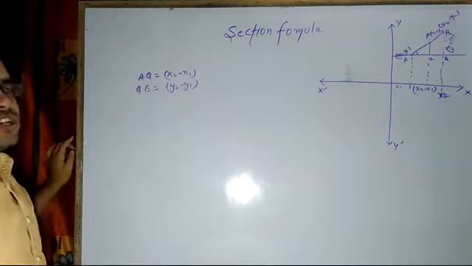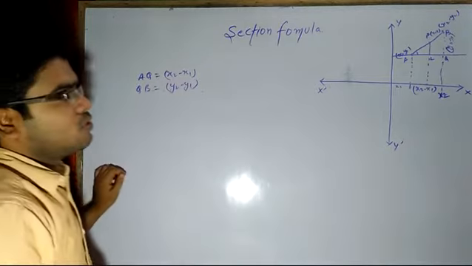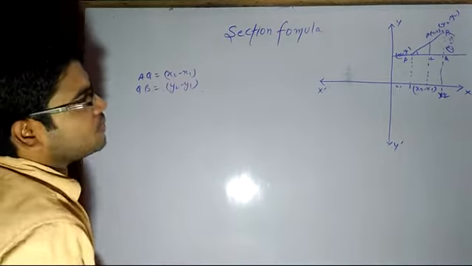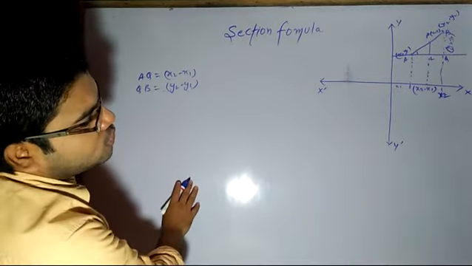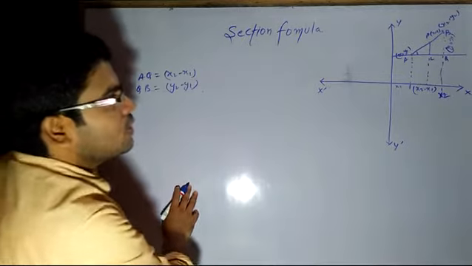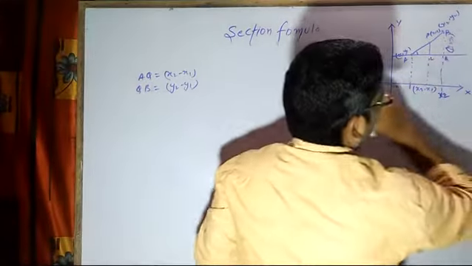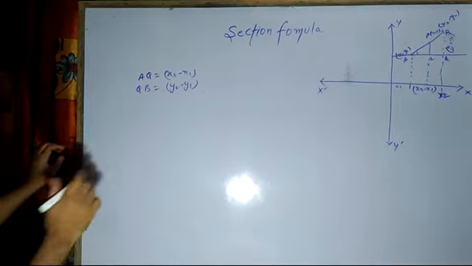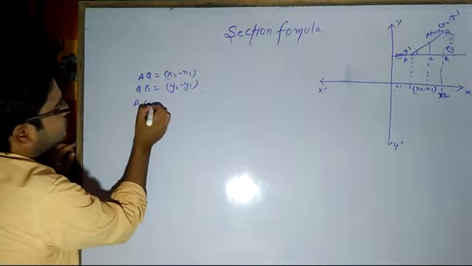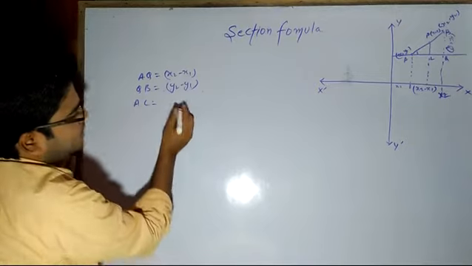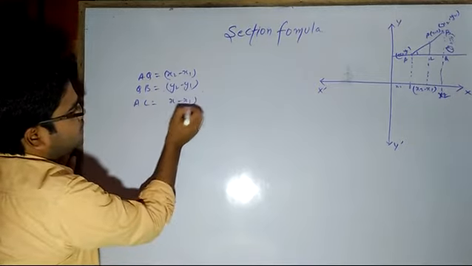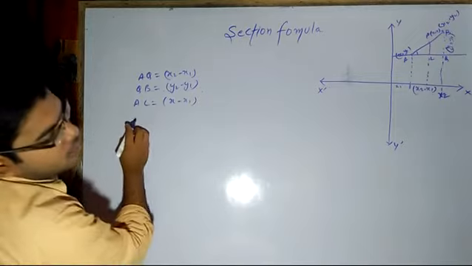We already discussed this in the previous lecture when I was teaching you the distance formula. Now these two lengths are given. If you want to find the third, AL will be equal to x minus x1.